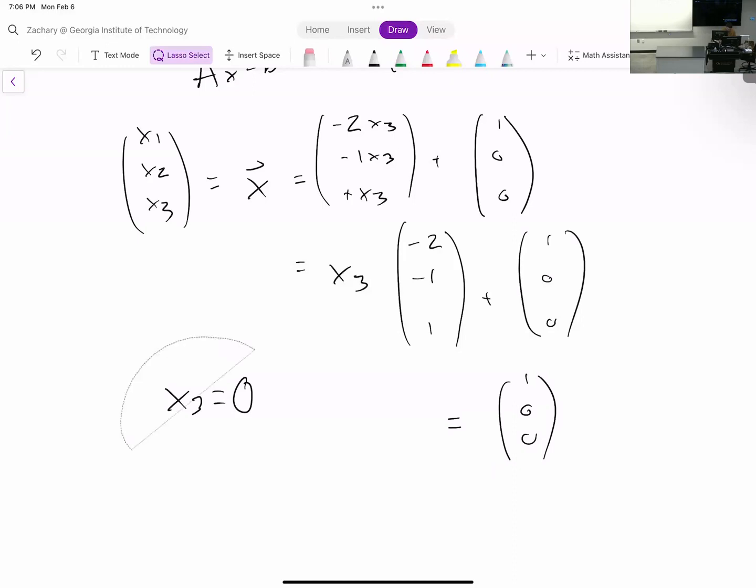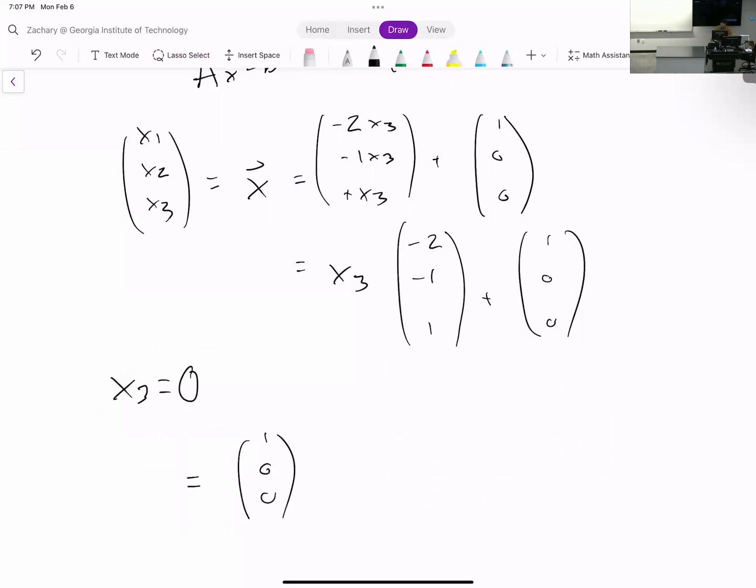So this is the part where solution sets get a little tricky before I keep going and show how you can check this on an exam. This part here is weird because it doesn't have any variable attached to it. It has a name. We call this the particular solution.